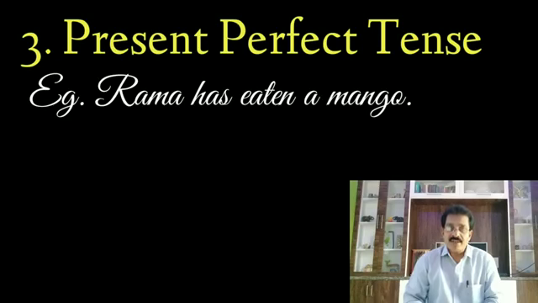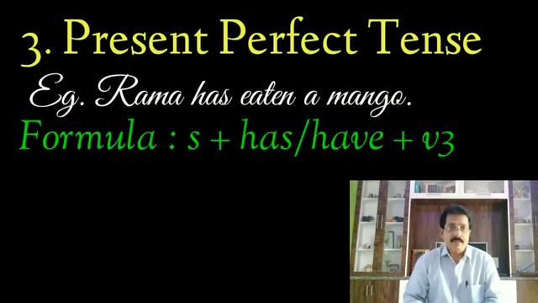Okay. So let's see the structure of the formula. What is the basic structure needed to make a present perfect sentence? Rama, subject; has, auxiliary verb; eaten, V3, that is verb in the past participle form. So when I talk about formula, I include only the elements which are necessary.